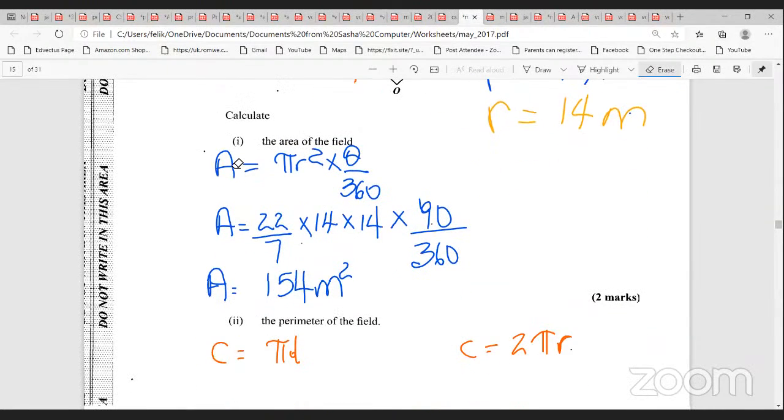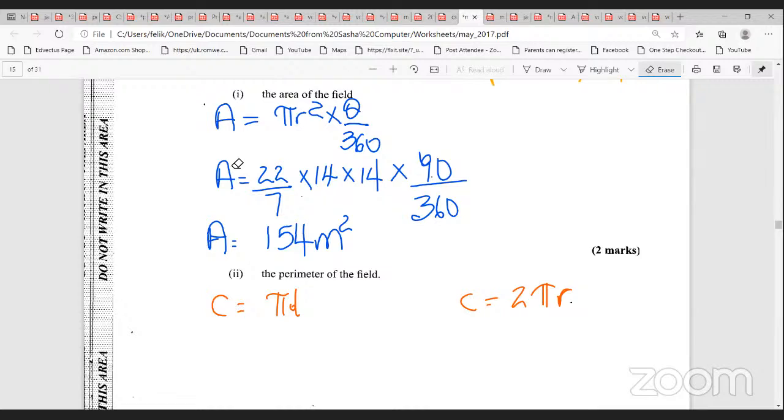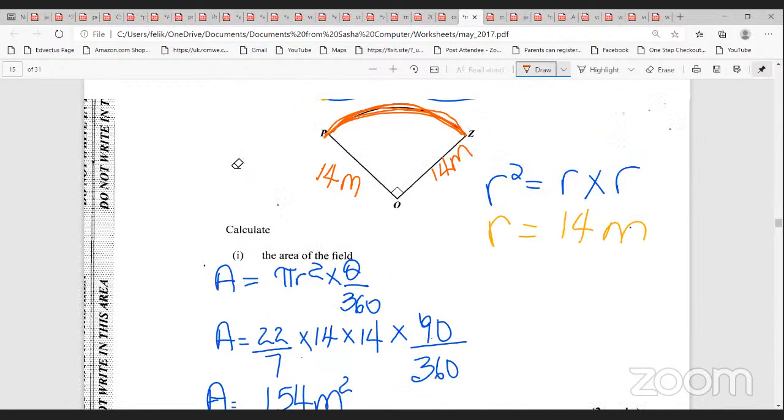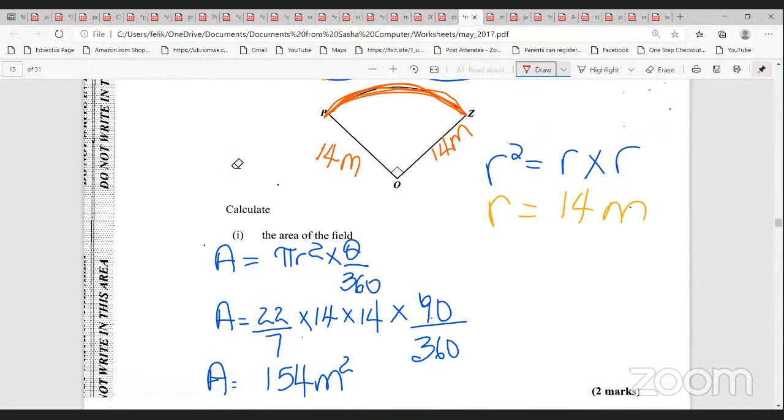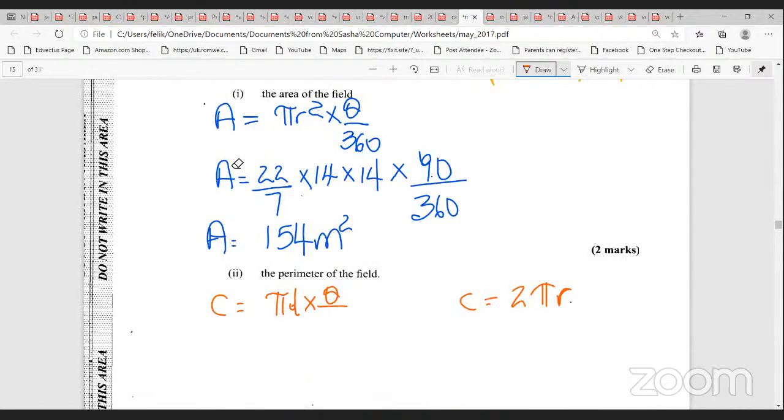So as we calculate the circumference for that part, we need to multiply this by what fraction of the circle we're looking at. So I'm going to multiply by theta over 360. We're not finding the circumference of the entire circle, just a part of it. So we need to multiply by theta over 360.